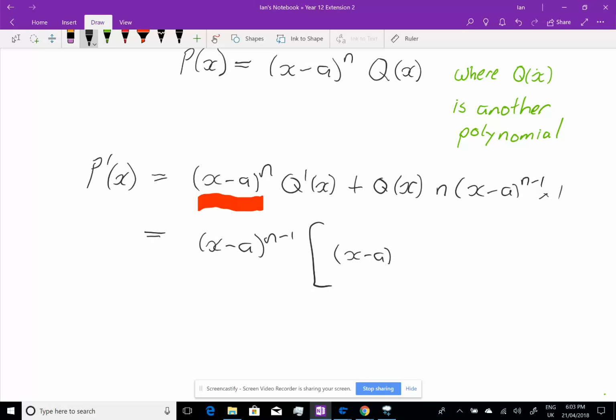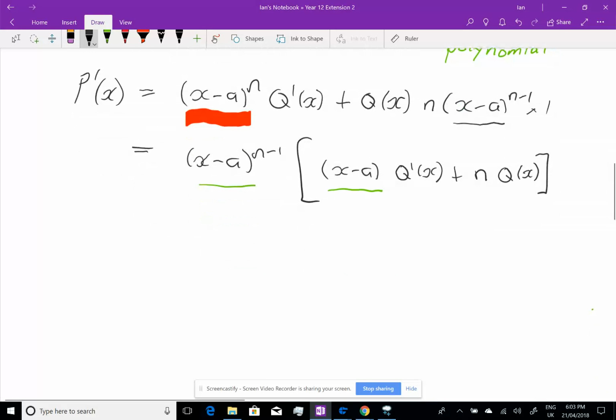Please make sure that you understand that that times that gives you what's underlined in red. Okay, and I've got a q dash of x. Now, if I take (x minus a) to the n minus 1 out of there, I'm left with an n and a q of x.